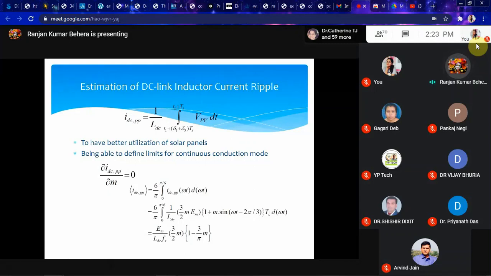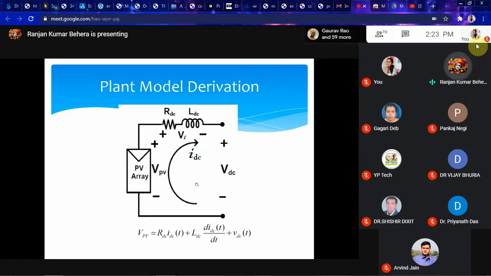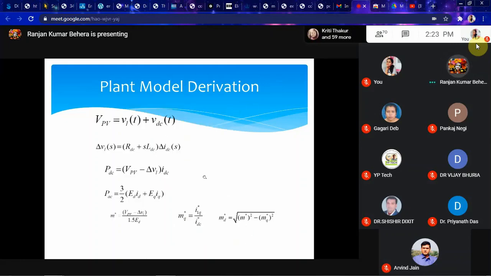And in the discontinuous conduction mode, there may be some part of the cycle where the current is 0. Anyway, this plant model we can design like this by using the KVL equation, simple Kirchhoff's voltage law. And this is the equation, VPV is this one. And this is the complete loop equation.